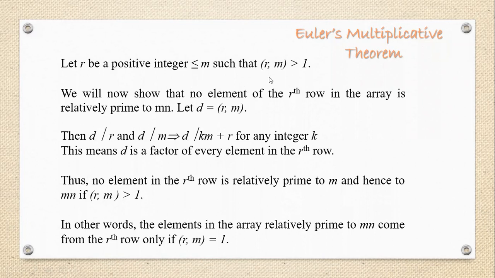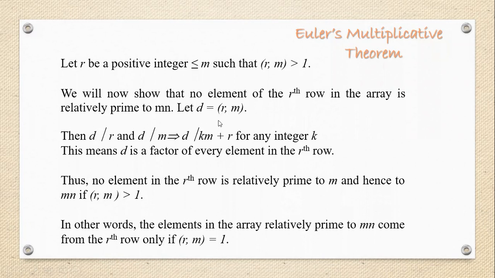As I said earlier, the GCD of r and m is greater than 1. We will now show that no element of the rth row in the array is relatively prime to mn.